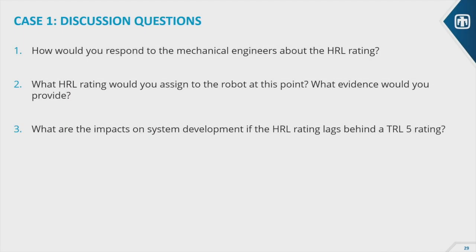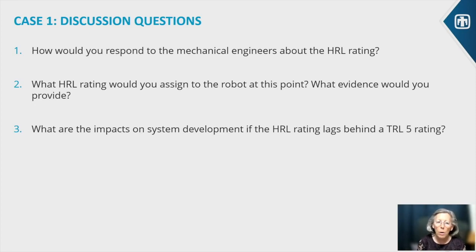So the questions to think about for this scenario is, how would you, as the human factors engineers, respond to the mechanical engineers about the HRL rating? What HRL rating would you assign at this point, and what evidence would you provide? And then what are the impacts on system development if the HRL rating lags behind a TRL rating? So that's the first scenario.